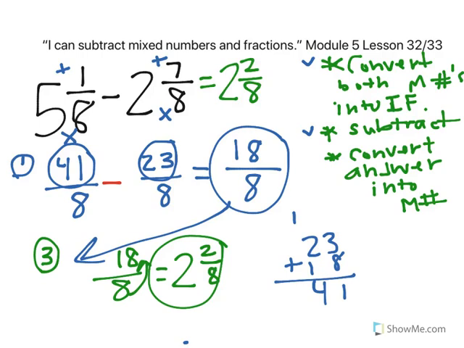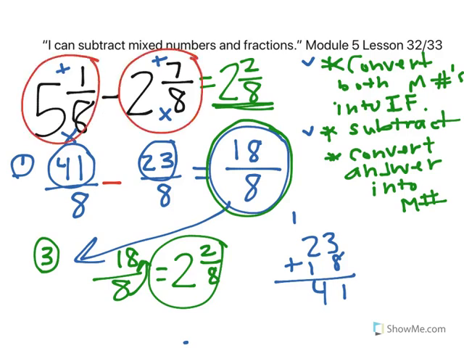I converted my mixed numbers into improper fractions, then I just subtracted, and then the answer that I got was in improper fraction form, so I want to convert that back into a mixed number for my final answer. Okay, and notice that this is different than the problems we started with because they give us two mixed numbers, so we want to convert both of them. If they only give you one mixed number, you only have to convert that one. The other fraction in its form is fine the way it is.